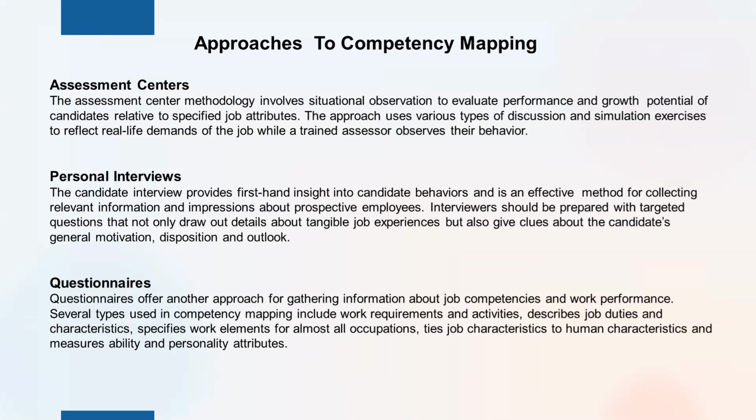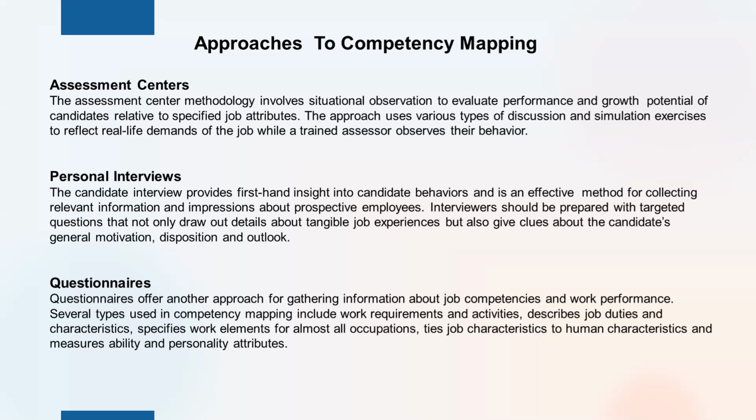How do we ensure that competency mapping is done in the best possible way? There are different approaches and ways to do it. The first is the assessment center.